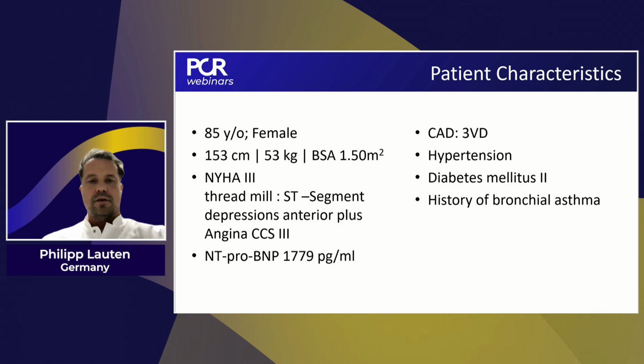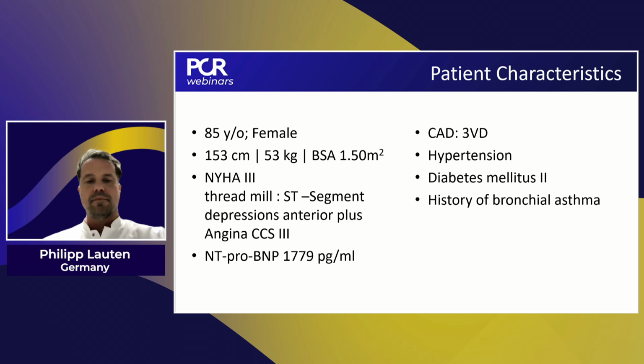Dyspnea nearly at rest, but also on treadmill, ST segment depressions, anterior plus angina, maybe a combined problem with a coronary calcification and aortic stenosis, even highly elevated proBNP, and a known coronary artery disease, a three-vessel disease with some stent episodes in former times. It's hypertension, diabetes mellitus, and bronchial asthma.